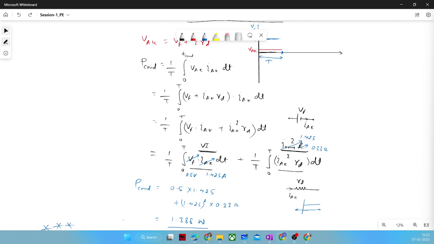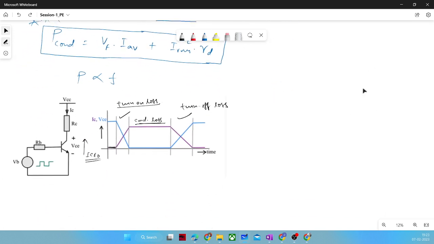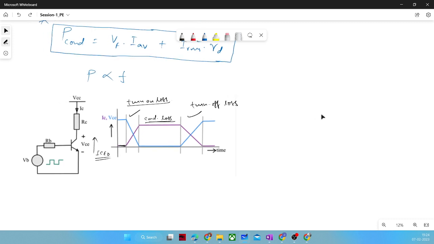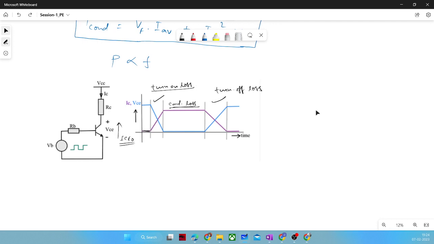You know the slope of both voltage and current, so verify it on your own. Generally the problem keeps it the same, but for a twist they can change it, so it is always better to verify it on your own.